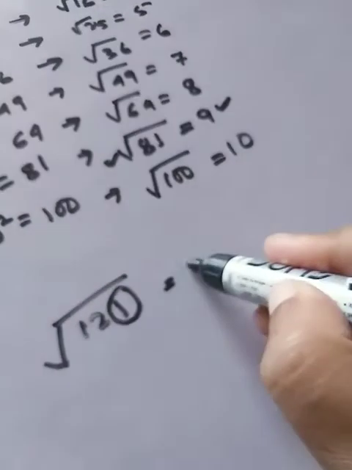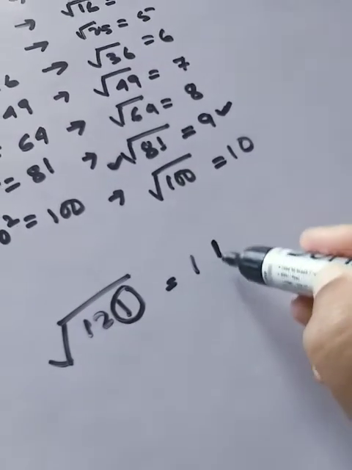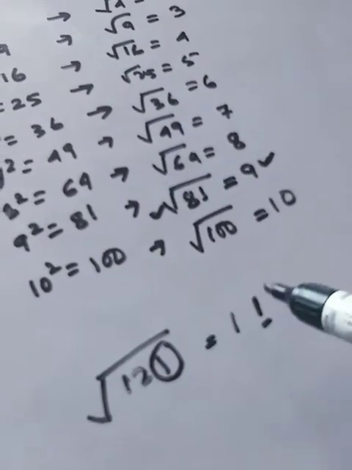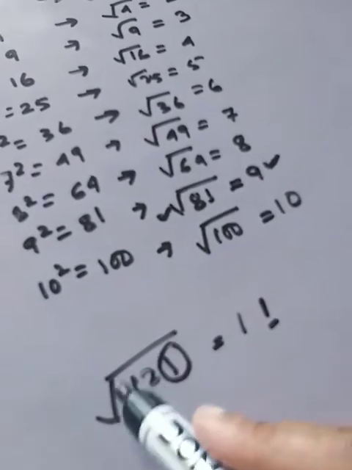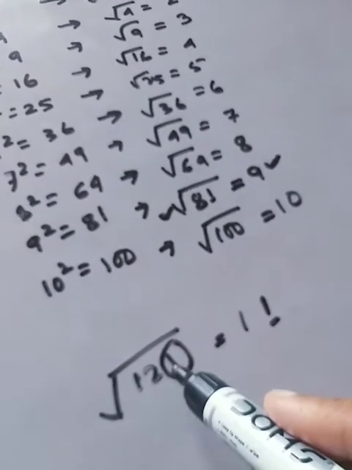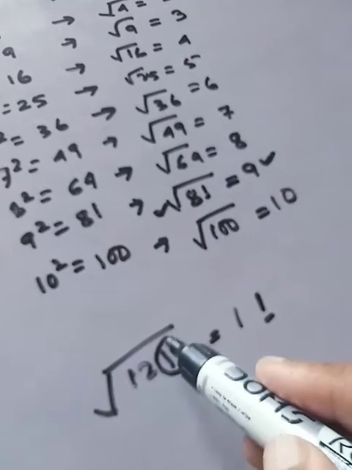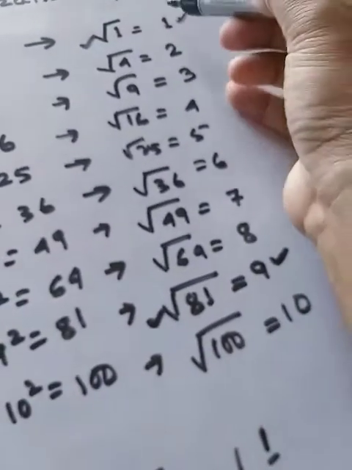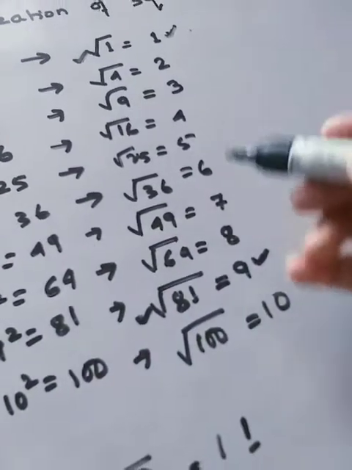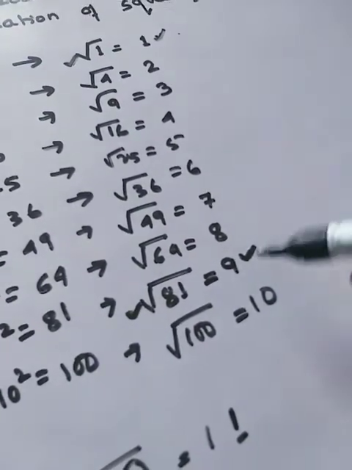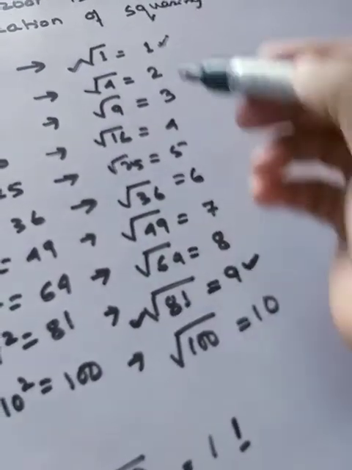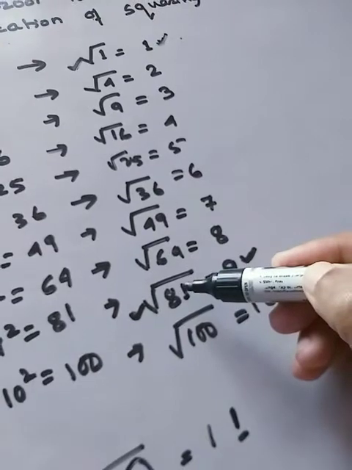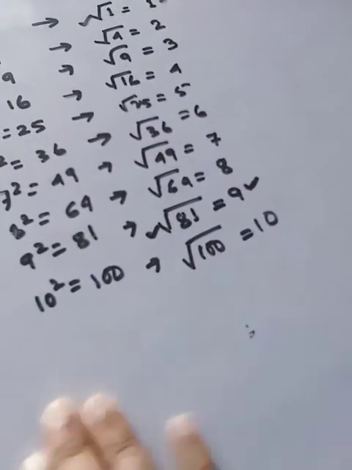So answer of 121 is what? 11. You see what is there in the unit digit? 1. So there is a possibility that a number which is carrying 1 as a unit digit number, the square root of that number could be 1 or 9, because in both cases we could have 1 as a unit digit number. I hope you have understood.